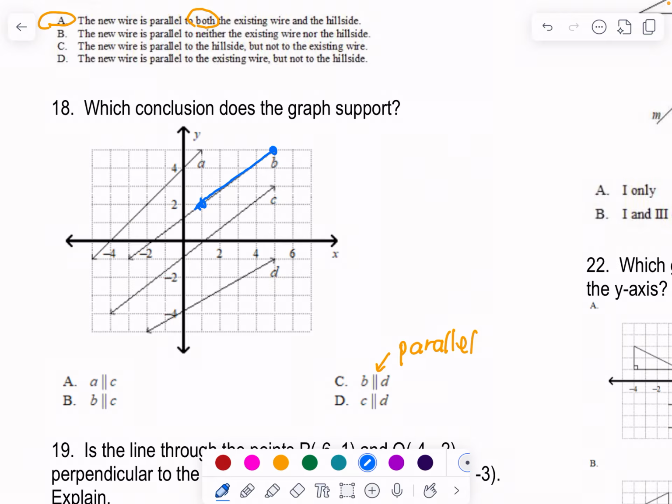the slope of line B, went up 3 and right 4. And it looks like C does the same thing. From this point to that point, it also goes up 3 and right 4. So I would say B and D happen to be that.